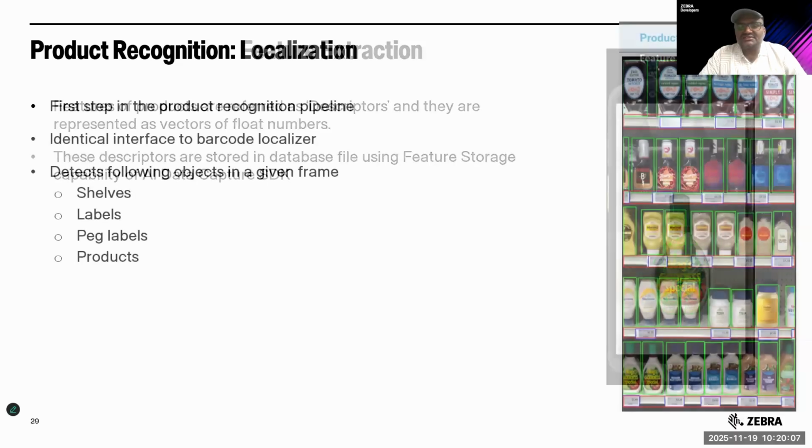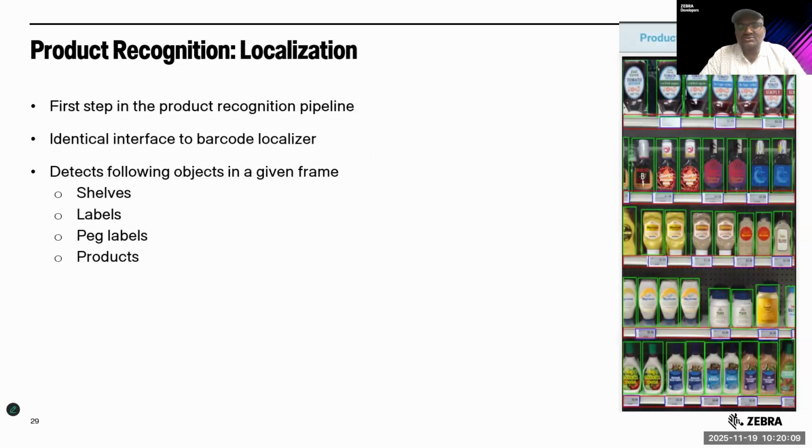The detections are then passed to the feature extractor block in the next one. This feature extractor extracts the product features.